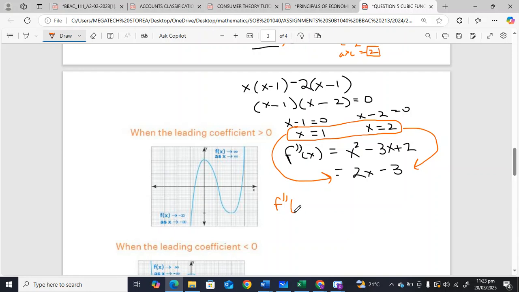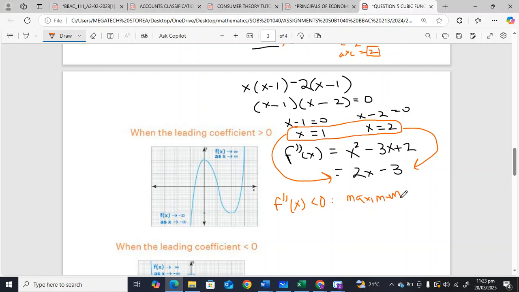Second derivative less than zero means maximum.